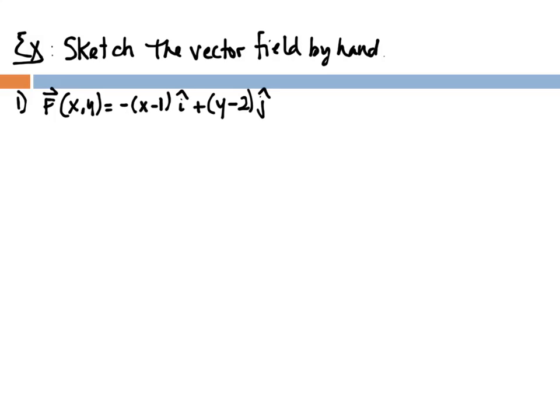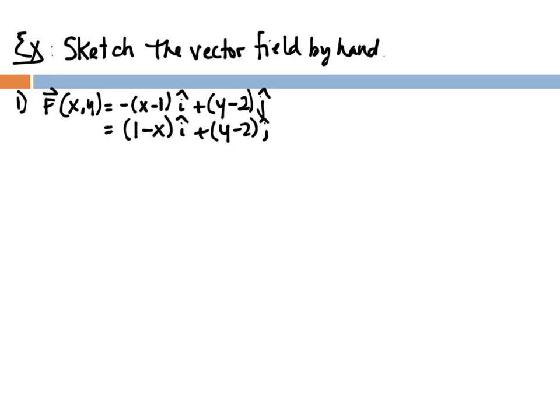And if you want, I don't know why they write it awkwardly like this, we could certainly write this as 1 minus x i hat plus y minus 2 j hat, which might be a little bit easier, not having all those negatives. Is that okay? All right.